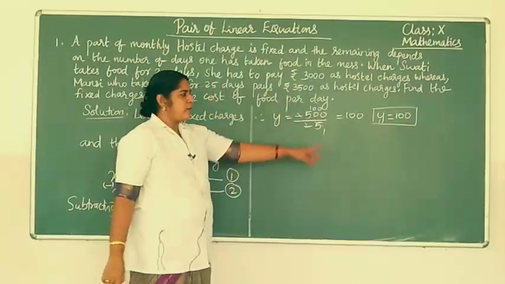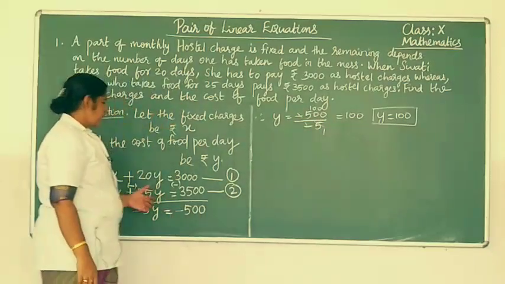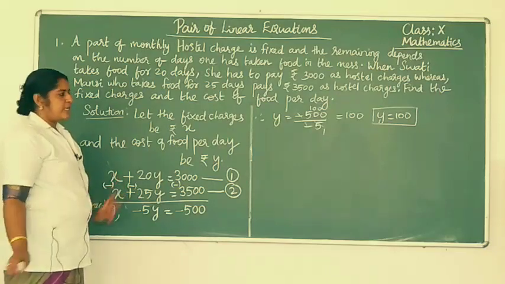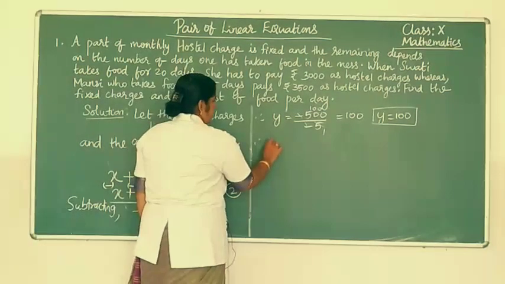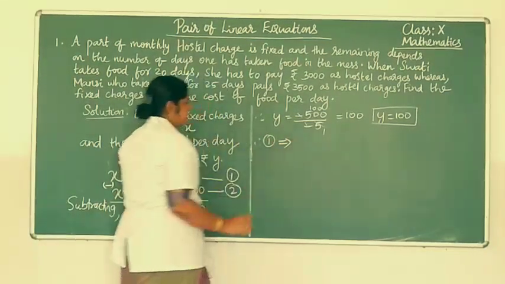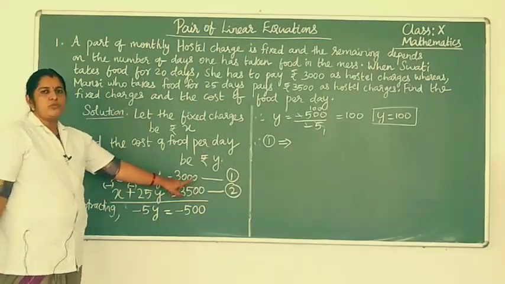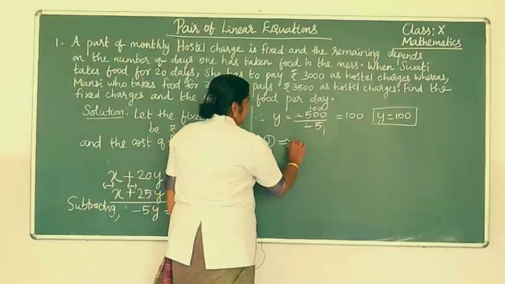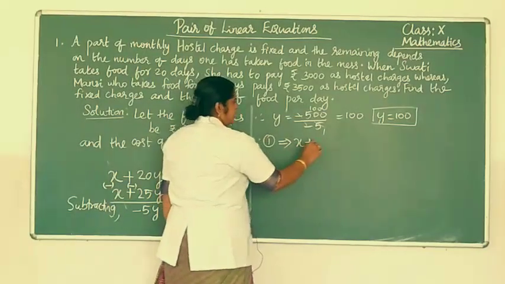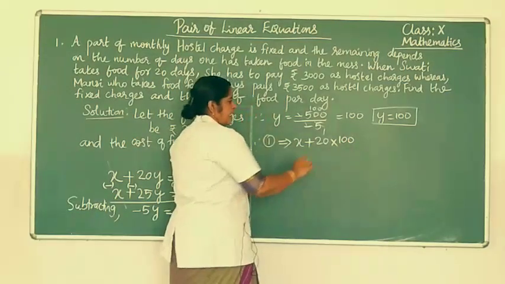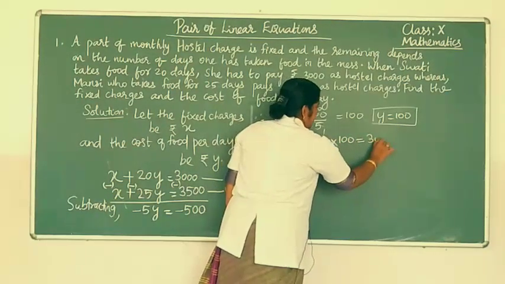Now use this value of y in any one of the equations to get the value of x. We can use the first equation. Therefore, the first equation implies x plus 20y equal to 3000. That is x plus 20 into 100 equal to 3000.